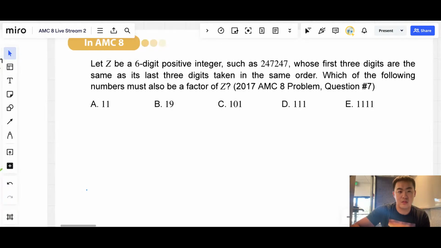Let z be a 6-digit positive integer, or I'll pause for a second. Let me change that real quick. It looks like I have a technical issue, so let me change the YouTube.